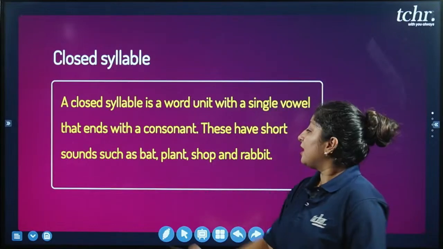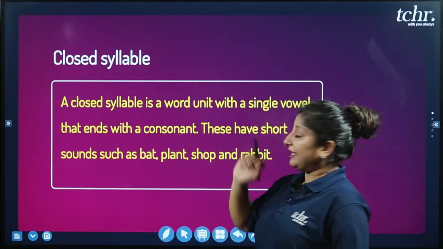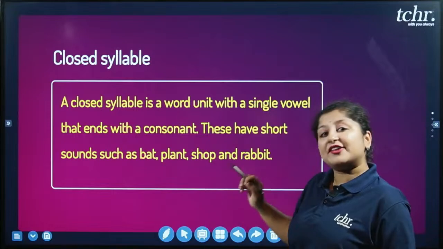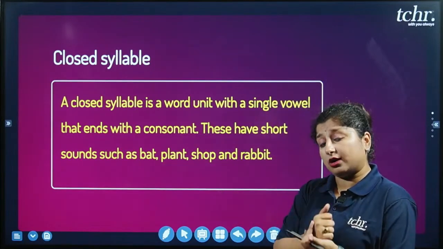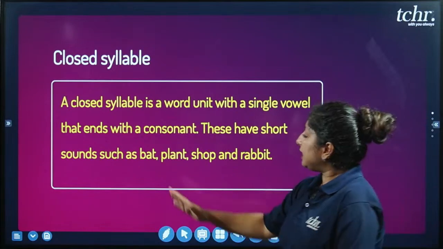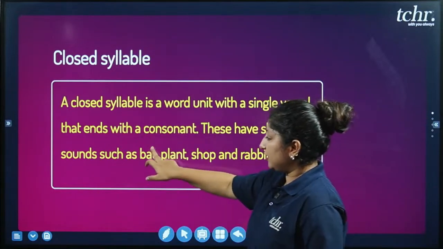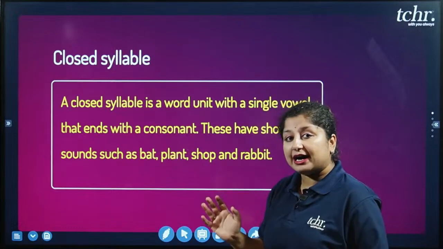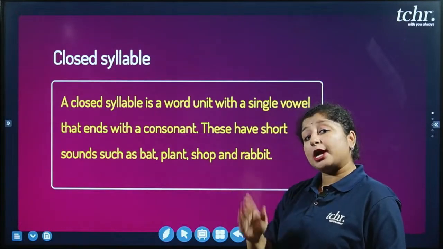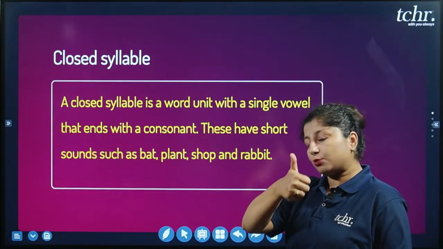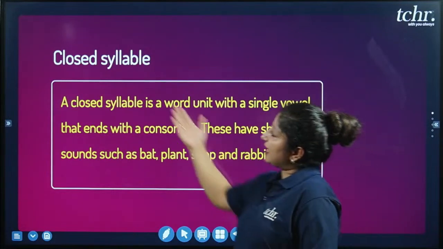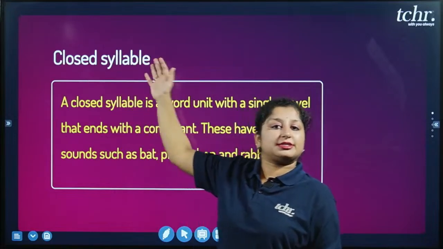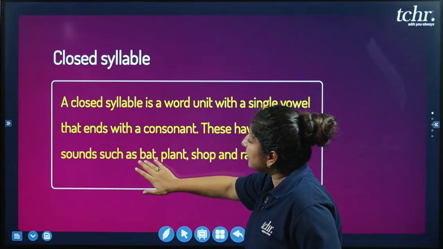Bat, plant, shop, rabbit. So, how do I count how many syllables there are? Bat, ba. It is ending with a consonant. Condition 1: it has 1 syllable. Condition 2: then you're going to classify them under closed syllable. What are the examples again?